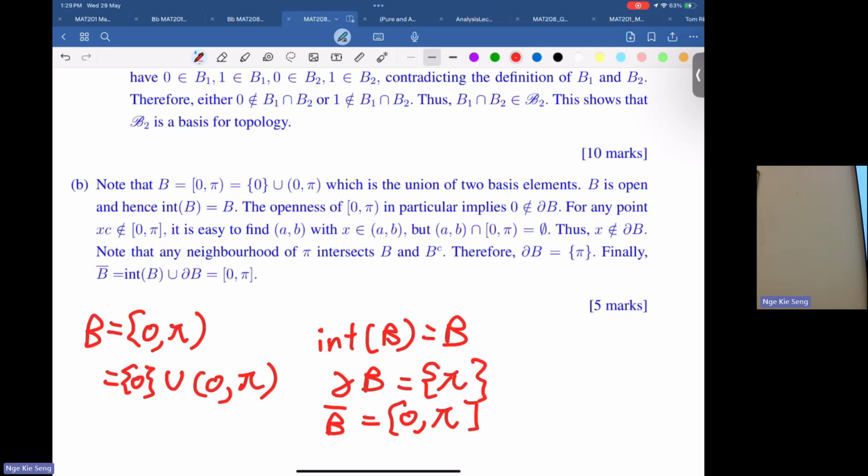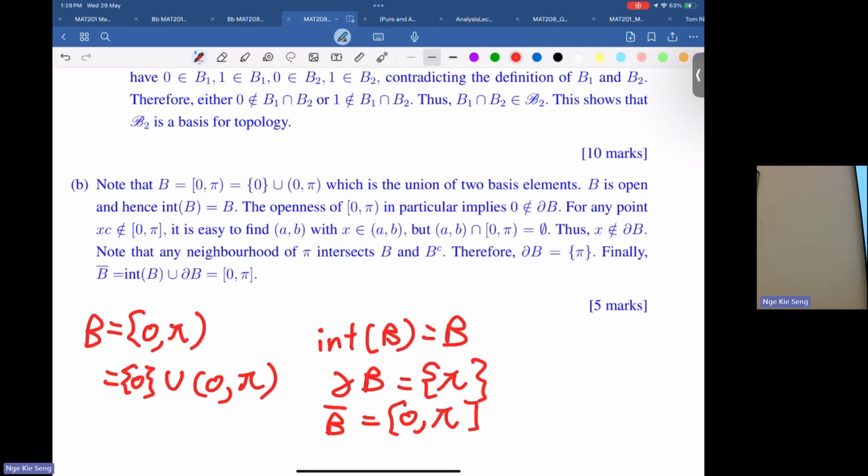But at pi, some open neighborhood, not some, every. You need every boundary, need every. Okay, is it true or not? Every open neighborhood that contains pi should be some open interval. I didn't declare pi to be open.